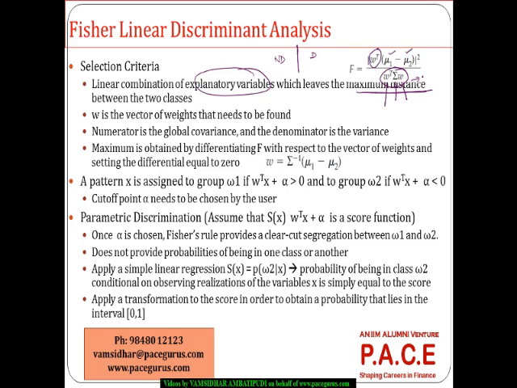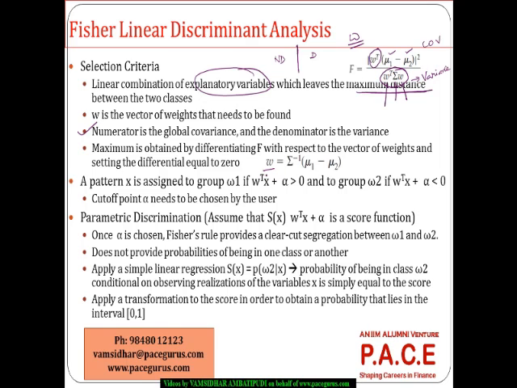So overall, the denominator is coming out as the variance, and the numerator is coming out as something like a covariance, and this is the one I am trying to maximize. And of course I know that to maximize it, I differentiate with respect to the weights, because the weights are the ones I am supposed to find out, and set it equal to 0.